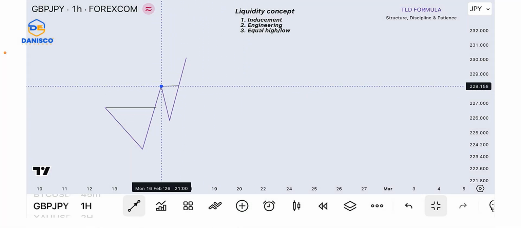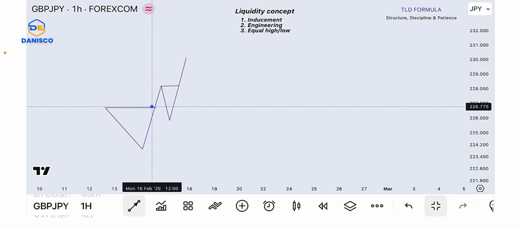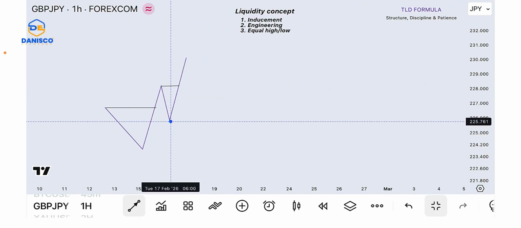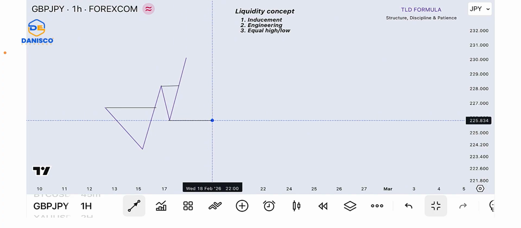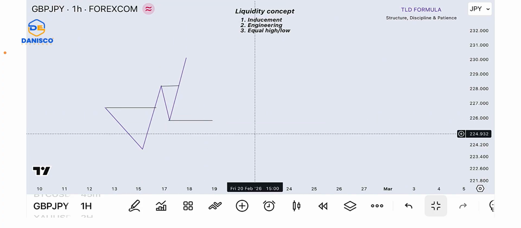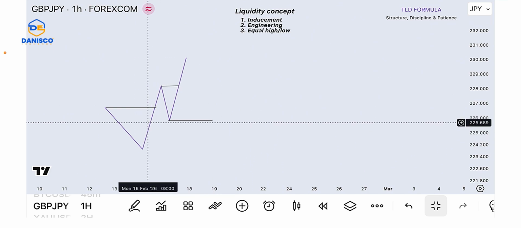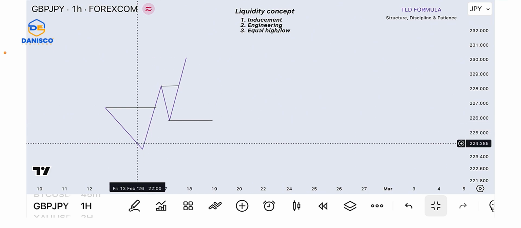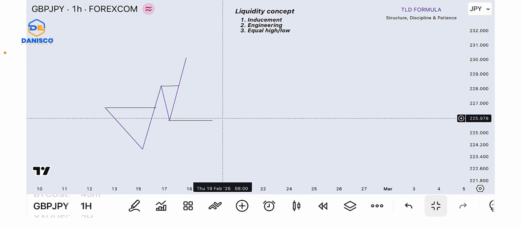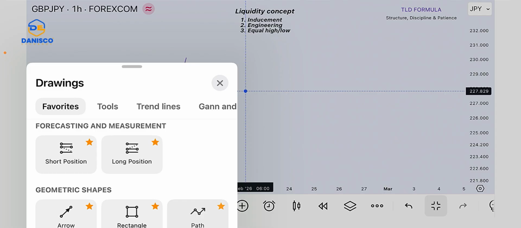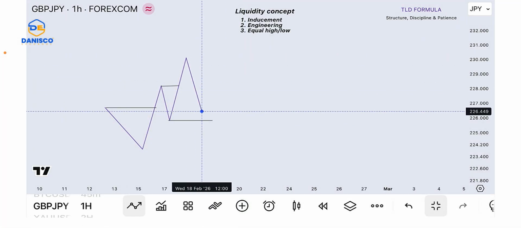Once price took out this high, that gives me a double break of structure, and this low automatically becomes my inducement liquidity. So it is left for you to find your POI, your point of interest, to trade from. Having seen that this is my liquidity, I will be waiting for price to come back to take it out.